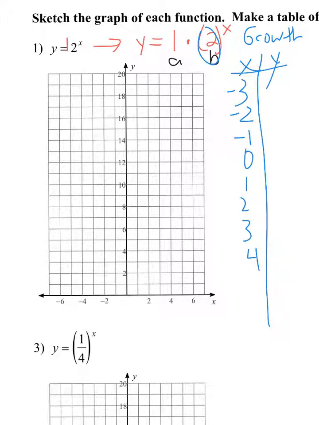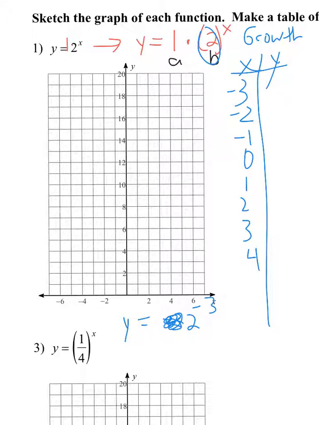So if I plug them in, -3, I really have y equals 2 to the -3rd power.